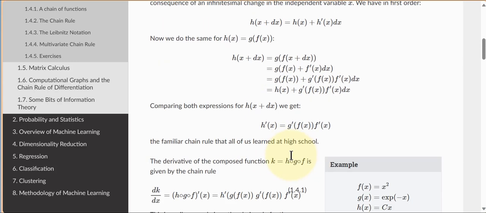So they go through some steps, I don't know what they're doing, but here's the answer: g prime of f of x times f prime of x. Okay, well, hopefully you learned this in school, so we don't have to go through all of this.